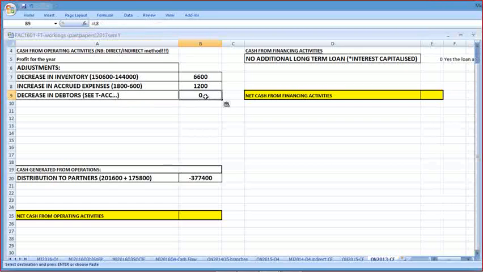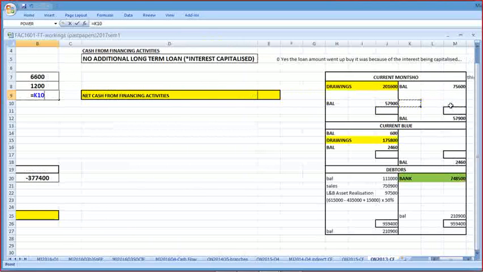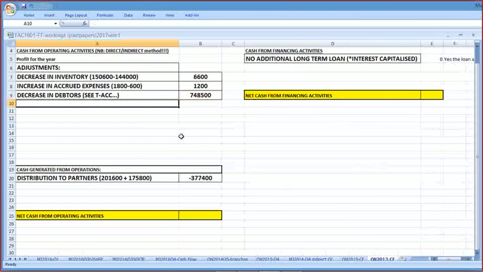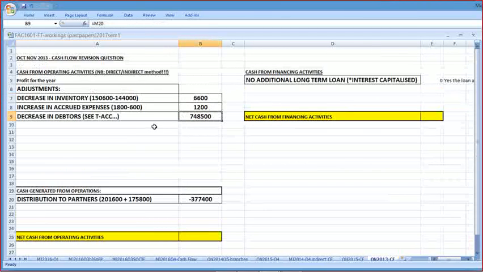Debtors was on the credit side, so it went down. Decrease in debtors: inflow or outflow? Inflow. Okay. Got that. Next.